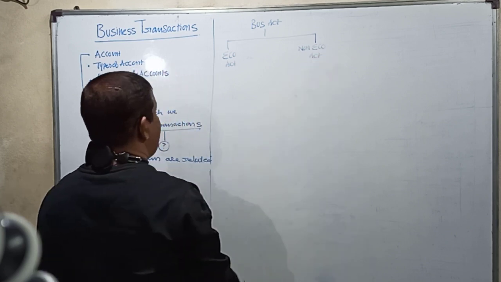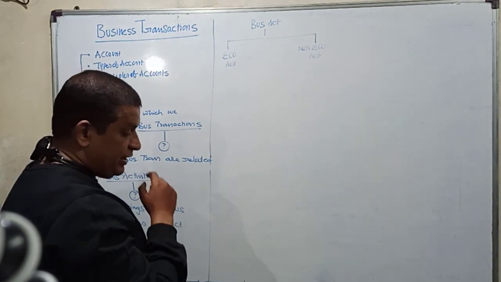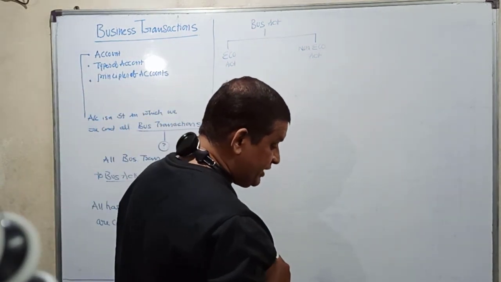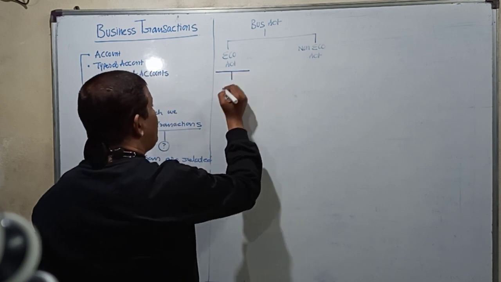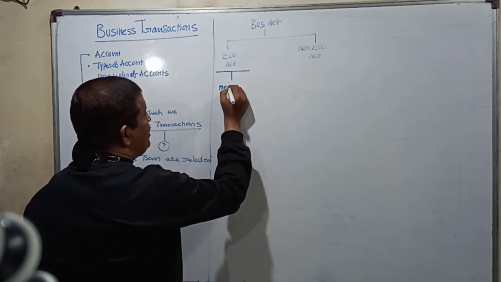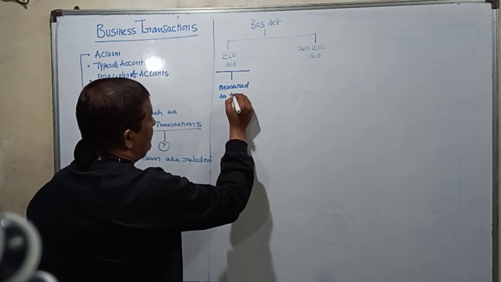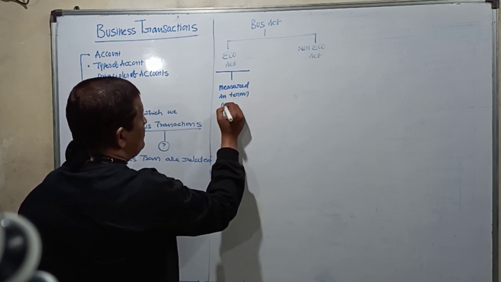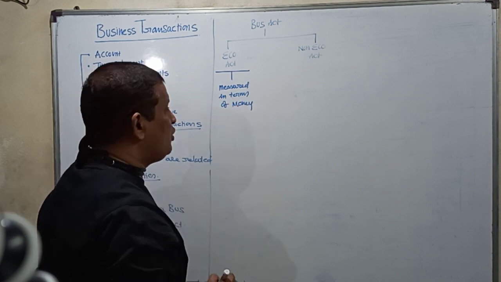All the business activities that can be measured in terms of money are called economic activities. Such activities are called economic activities.